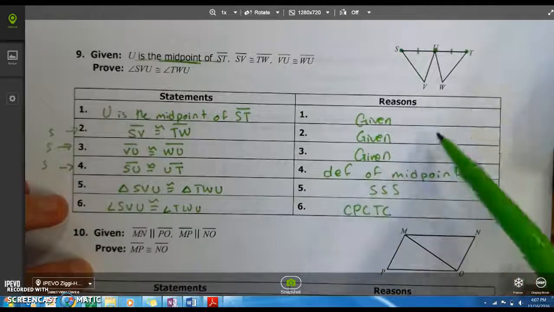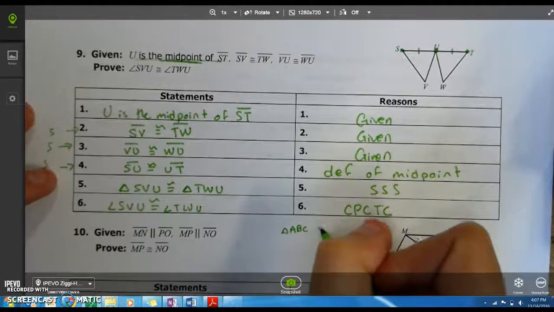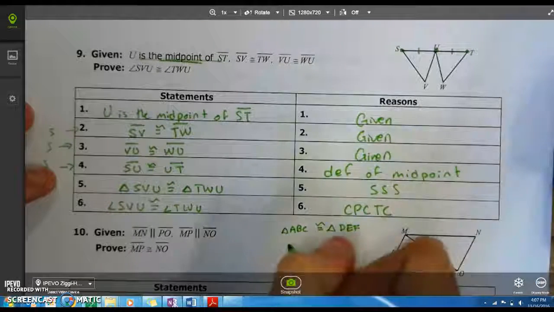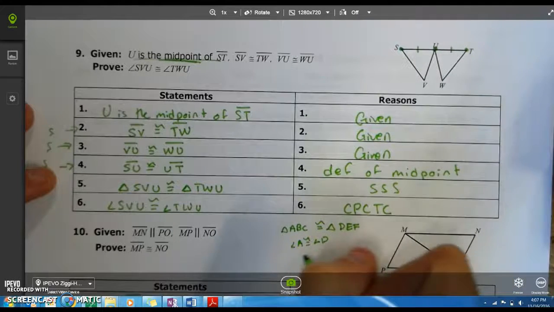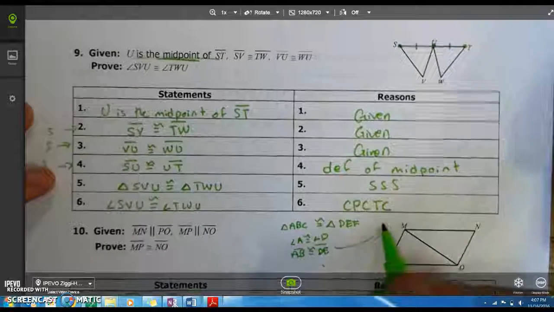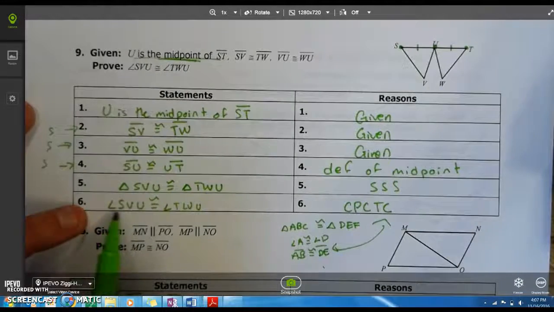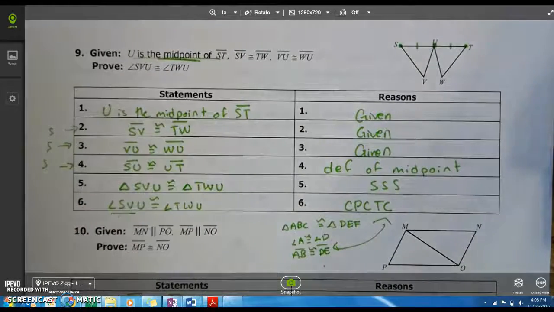And all this is, remember, if I have triangle ABC is congruent to triangle DEF, then angle A would be congruent to angle D. And side AB would be congruent to side DE. That's what CPCTC tells me, right? So if I was asked for an angle, I'm always going to end with CPCTC, or a side.